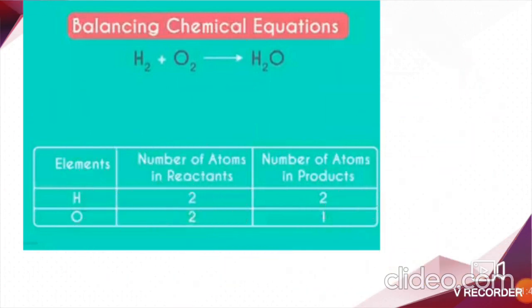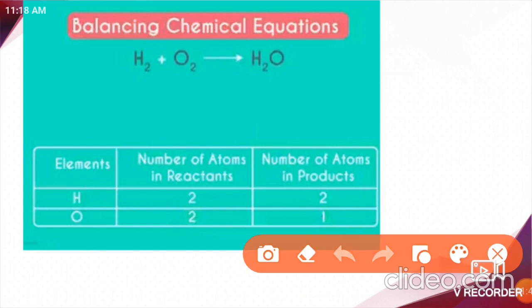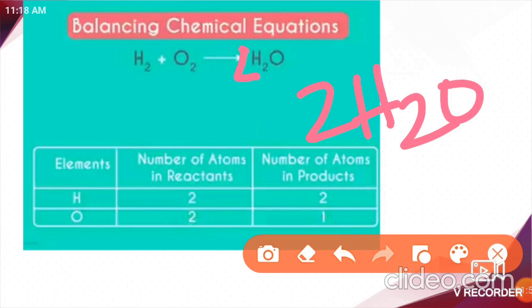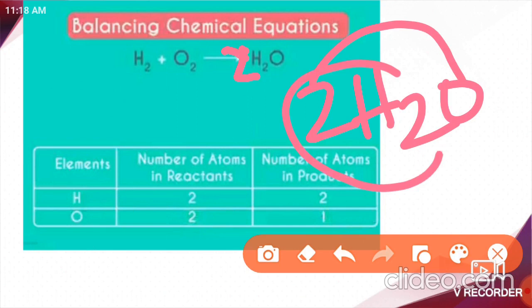Got it? Here I write 2 like this. It will become 2H2O. 2 oxygen atoms and 4 hydrogen atoms. So in the product, how many hydrogen atoms will it become? 4.